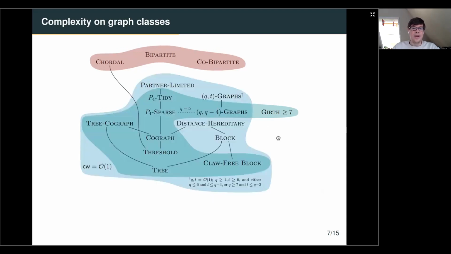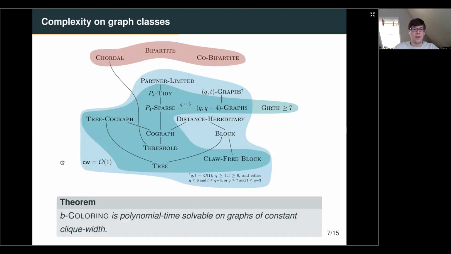So one thing that we can observe is that almost all of these graph classes where B coloring is known to be solvable in polynomial time, except the case of large girth, have constant Clique-Width. Right? And the main result of our work is that B coloring can be solved in polynomial time on graphs of constant Clique-Width.